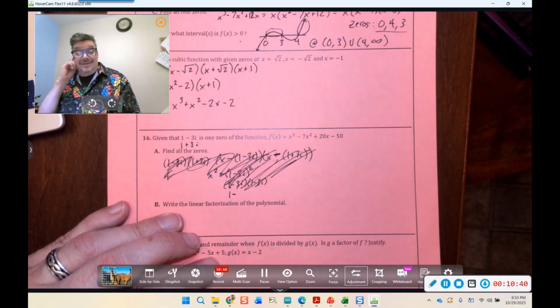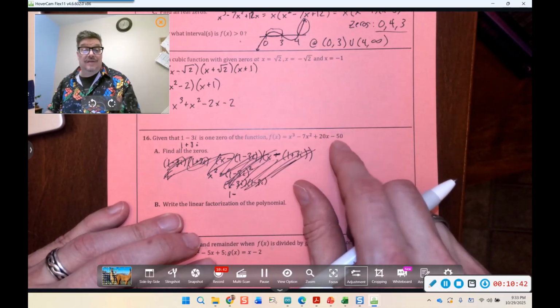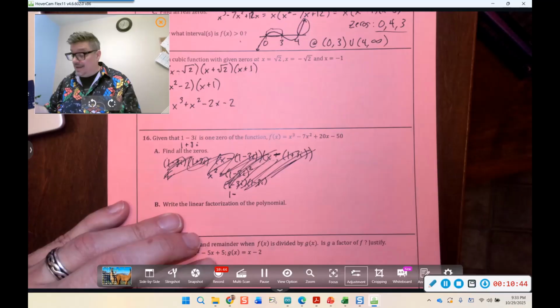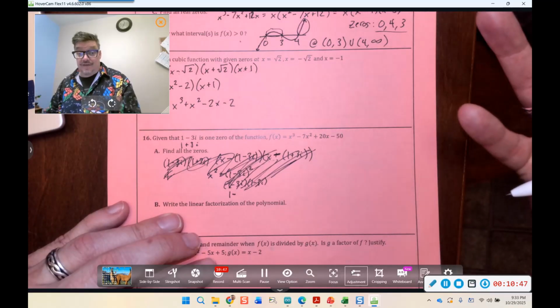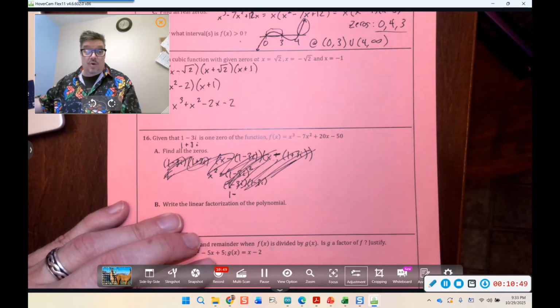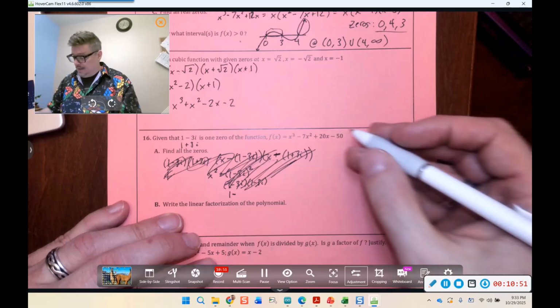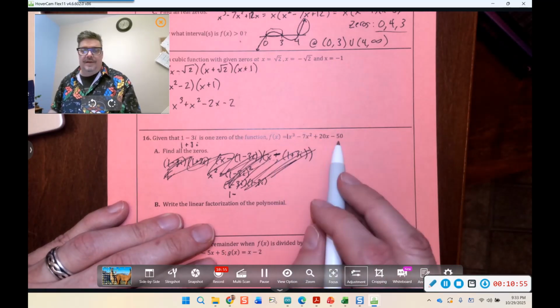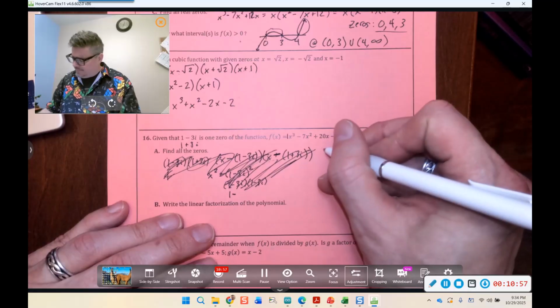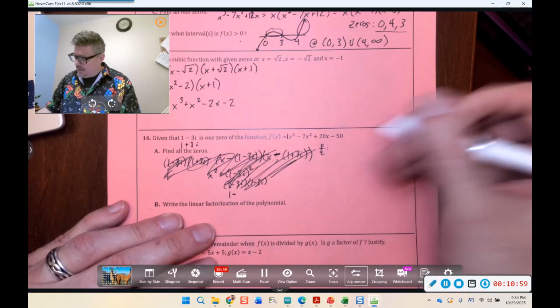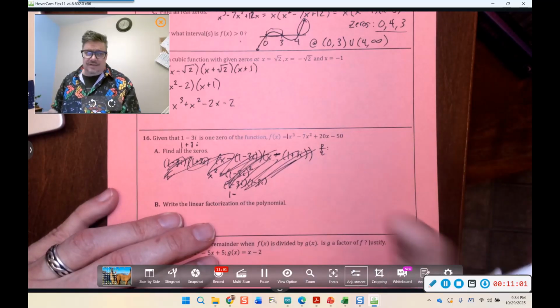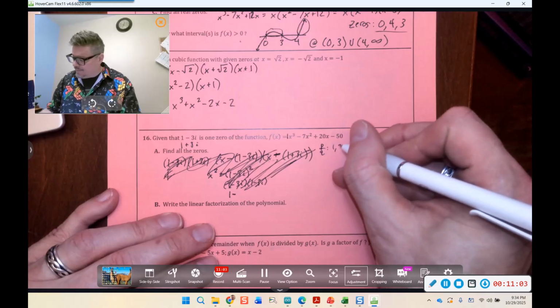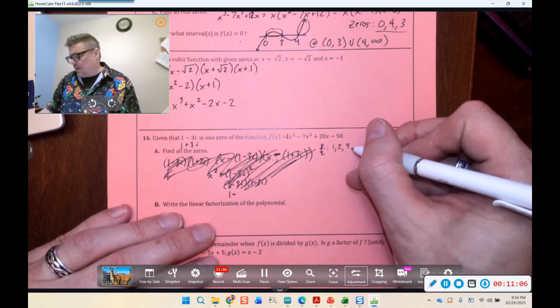So what we got to do is use the rational root theorem to figure out what that other guy is. Now, unfortunately, negative 50 does have a lot of factors. But remember, we're just going to start with 1 and move up. Now, luckily, our Q here is 1 and our P is 50. So let's write all of our factors. Now P over Q is going to be the same as P because Q is just 1. So 1, 2, 4, right? 4 goes in there.